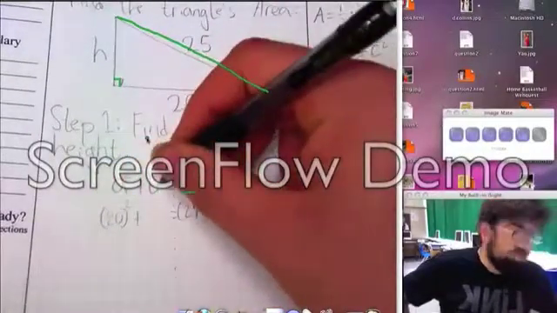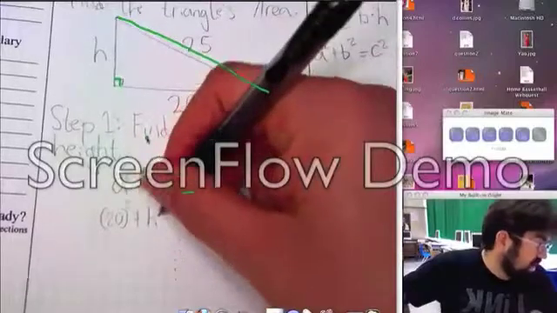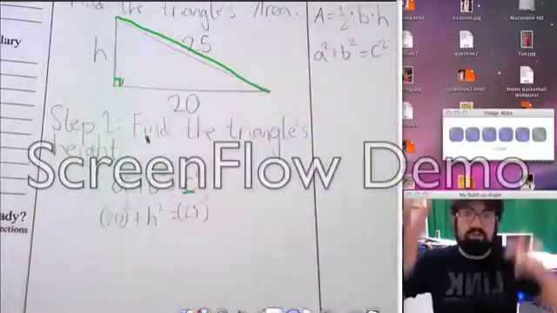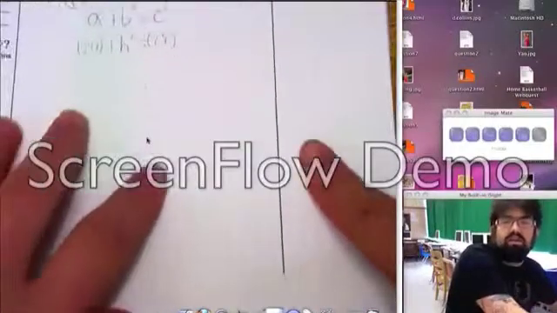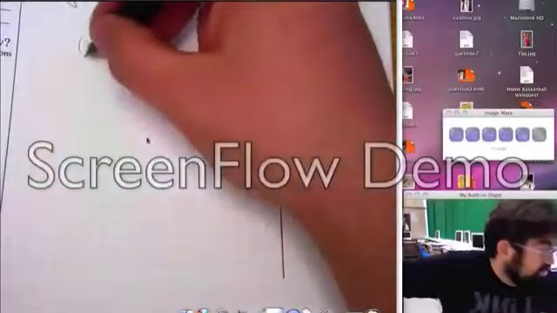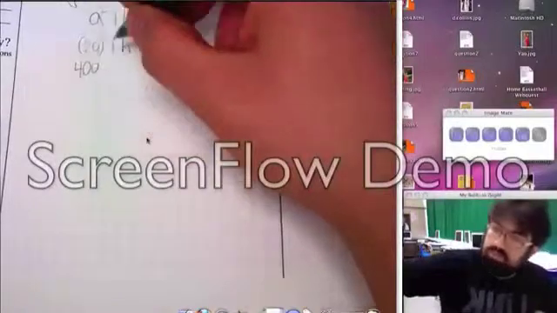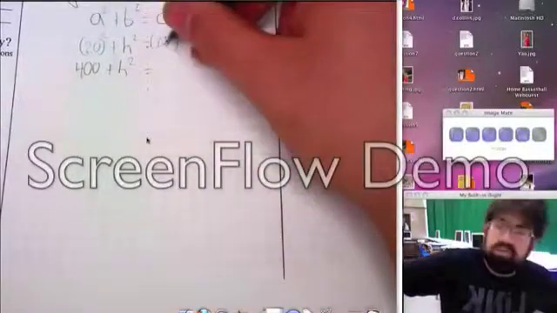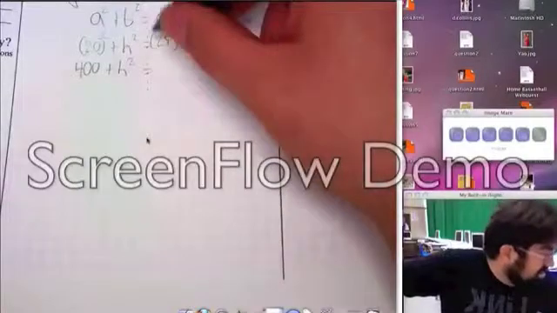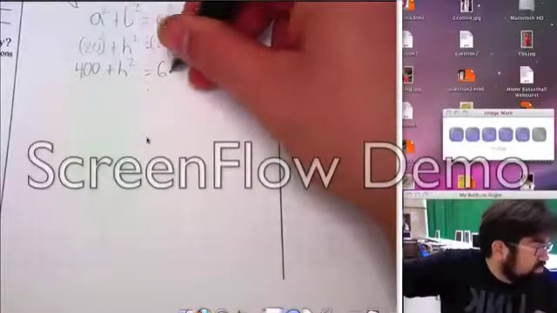And what's b equal? I'm just going to call that h, because we're solving for h first. So 20 times 20 is 400, add 2 zeros. Equals 25 times 25 is 625.